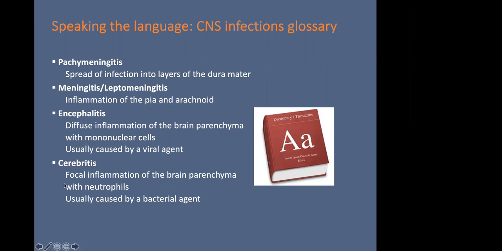Cerebritis, on the other hand, is a very focal inflammation of the brain parenchyma, as against encephalitis, which is diffuse. When we say cerebritis, we mean a focal inflammation where we see mostly neutrophils, acute inflammatory cells. Usually these are caused by bacterial agents. We need to know this. And cerebritis can be a focus or nidus for brain abscess and other disorders.